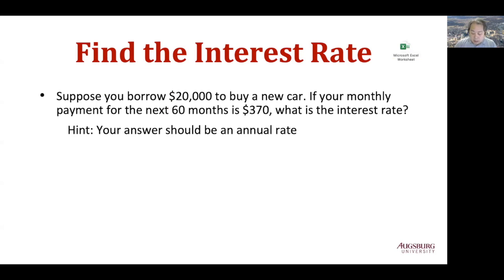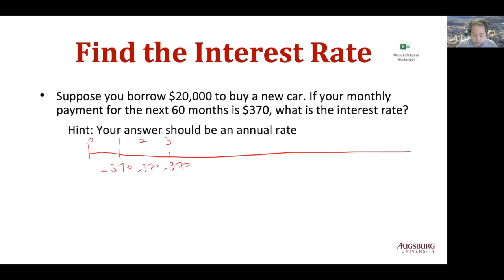So this is another type of annuity, right? You pay $370 for 60 months. Because you pay, that's negative.